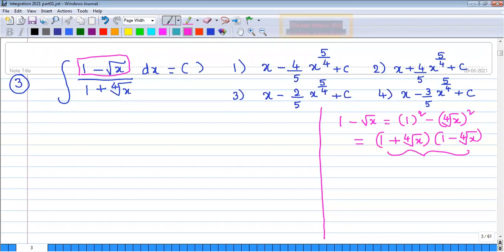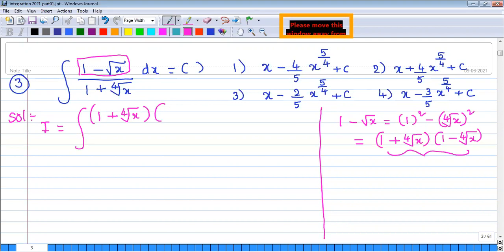Now solution: integral I becomes integral of 1 plus 4th root x multiplied with 1 minus 4th root x upon 1 plus 4th root x dx.